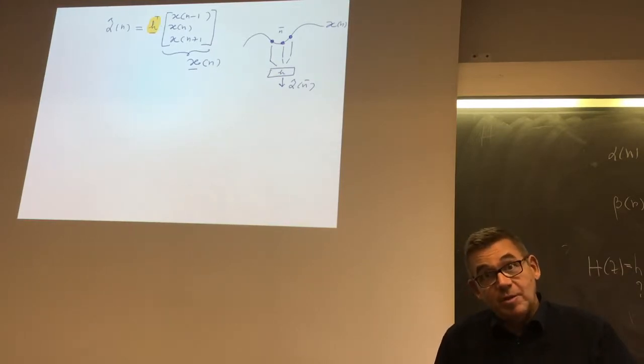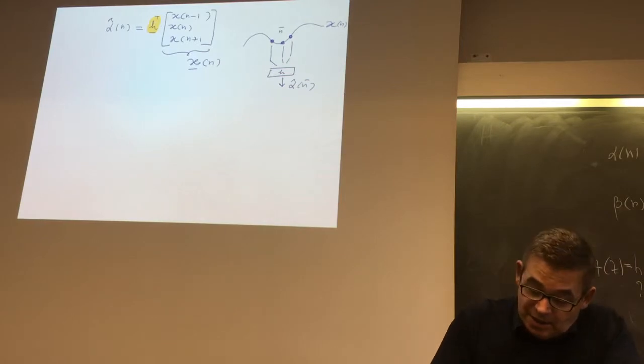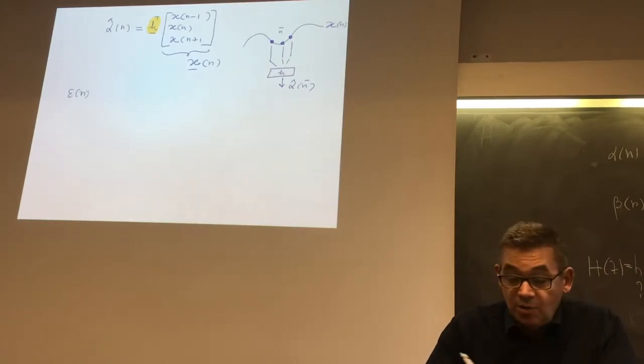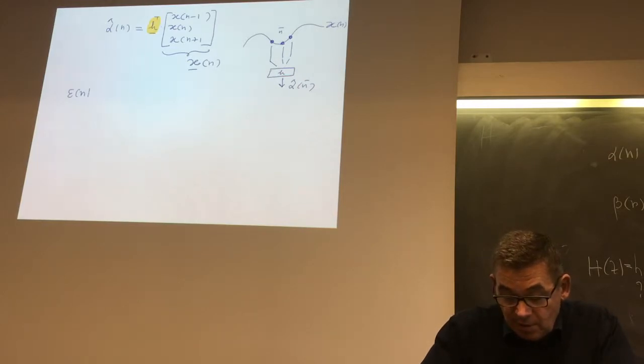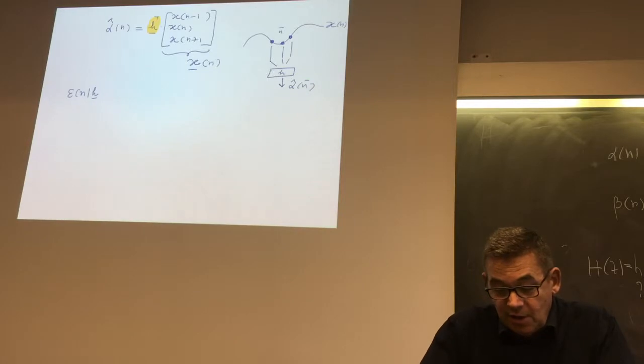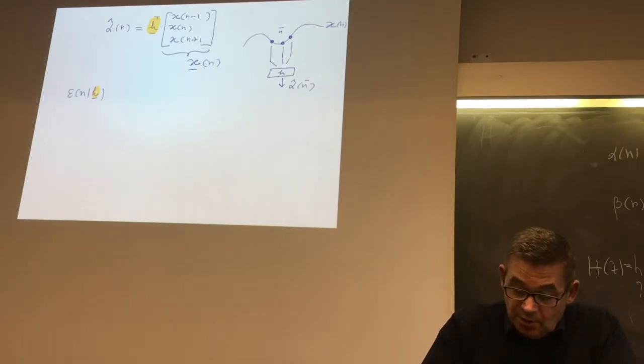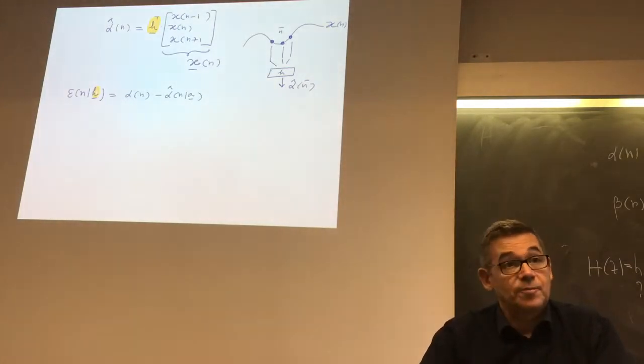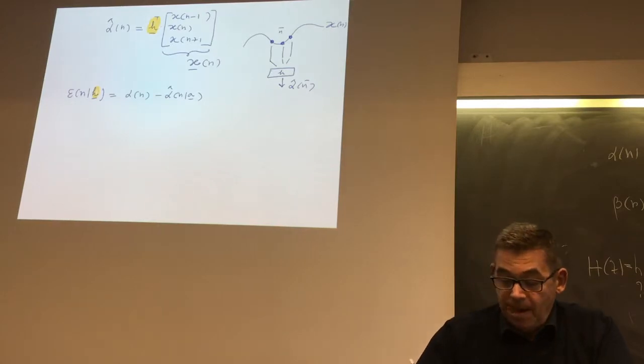Okay. So now let's write the problem. Now the problem is, what is the error? Now the error depends on the vector coefficient h, and h is the unknown. So now the error is alpha n minus alpha hat of n. That depends on the vector coefficient h, not a.